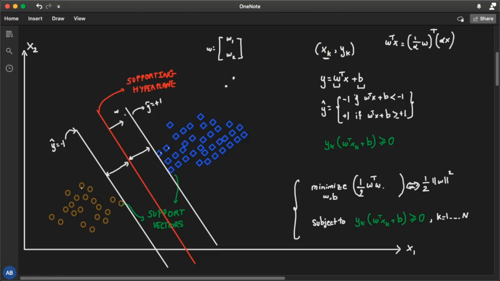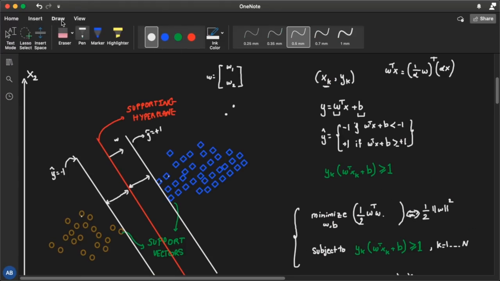That is the upper supporting hyperplane. So in that case, multiplying y hat by W transpose X plus B is not only positive but greater than 1. It's greater than 1 in both cases. So this is the problem I have to optimize.